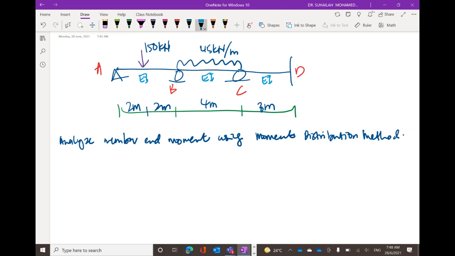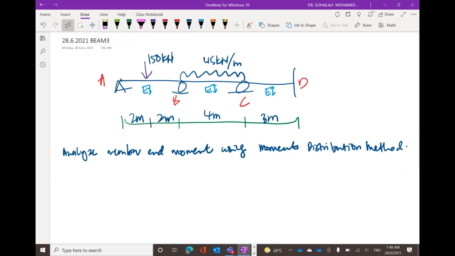So we are going to analyze this using the moment distribution method. For AB, let's look at the diagram together. A is far and pin, pin and pin, far and pin.